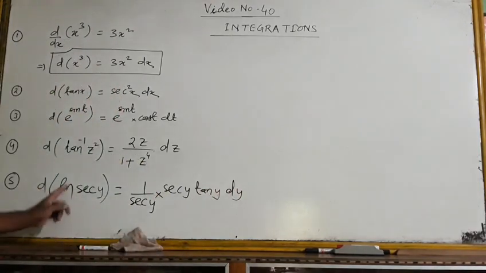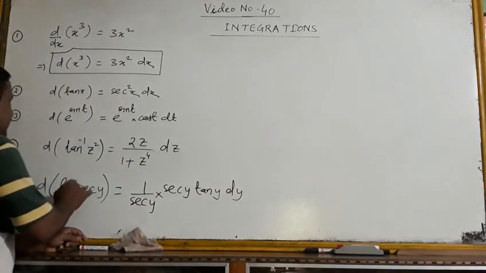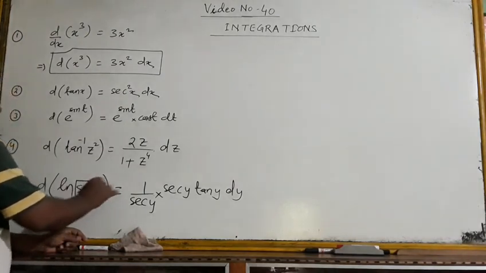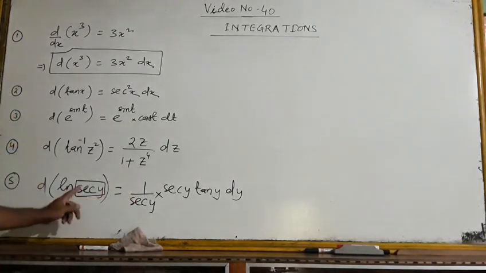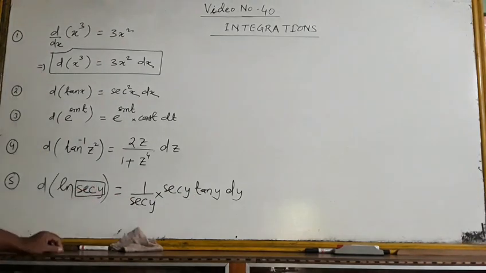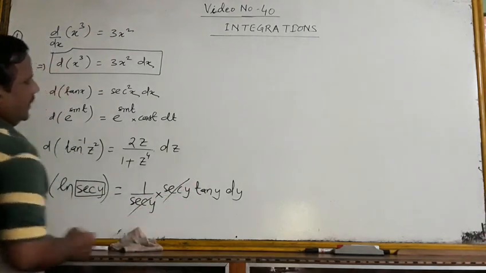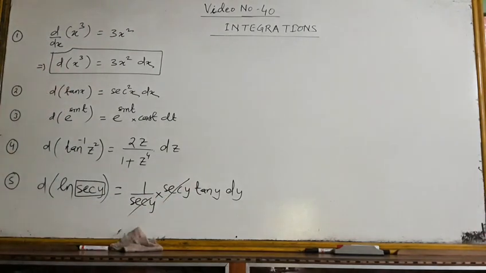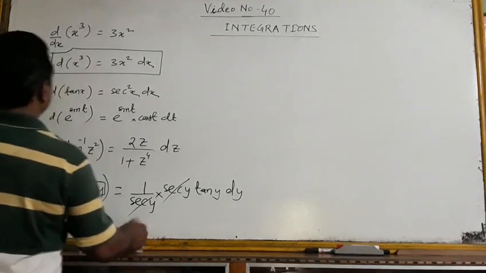Mind it, for ln of sec y, the derivative is 1 by sec y into the derivative of sec y, which is sec y tan y. As y is there, you have to write dy. So it is tan y dy. From this idea, I will proceed.